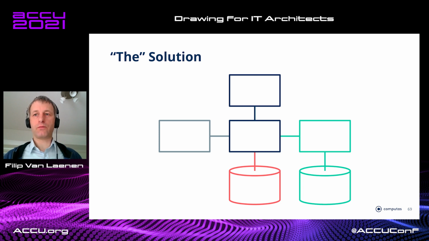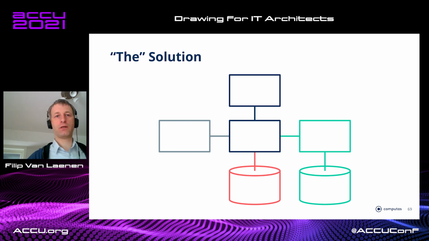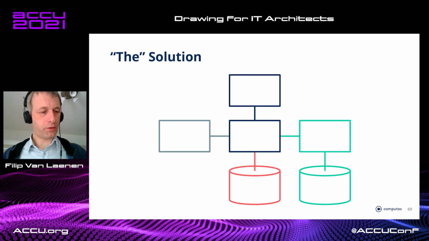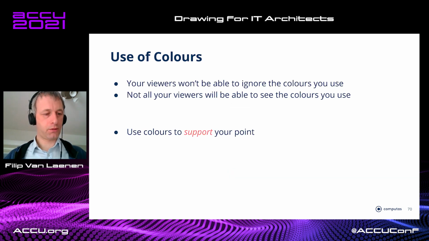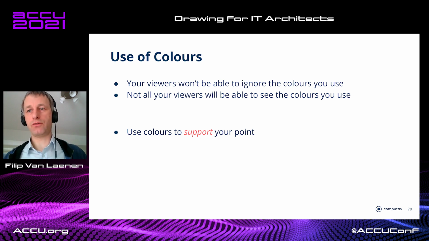Now there is one big problem. Actually, there are many big problems with this drawing. But there is something about colors that we also have to think about. Once you start using colors to mark shapes or lines in your drawing, viewers won't be able to ignore those colors. But at the same time, not all your viewers will be able to see the colors you use in the same way as you see them.